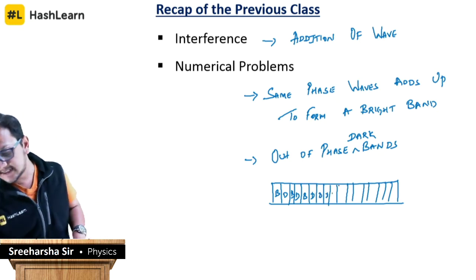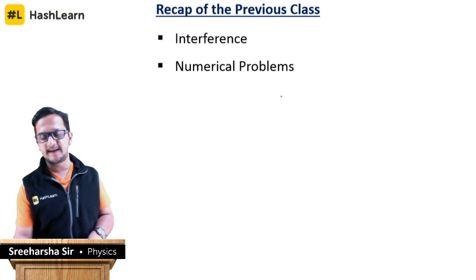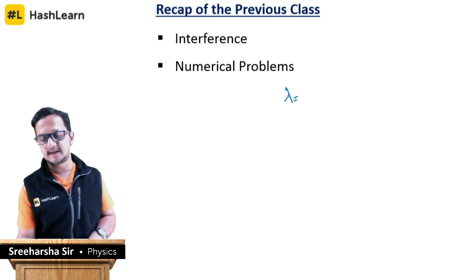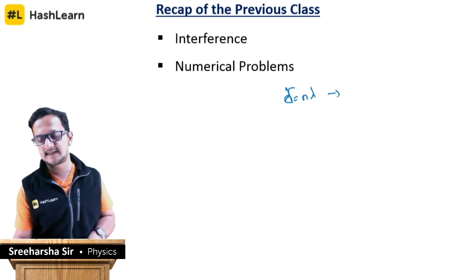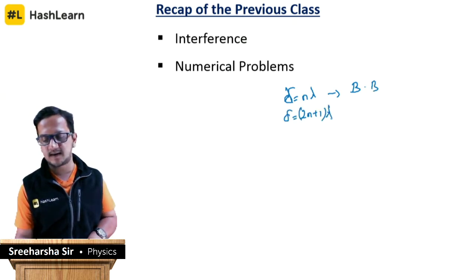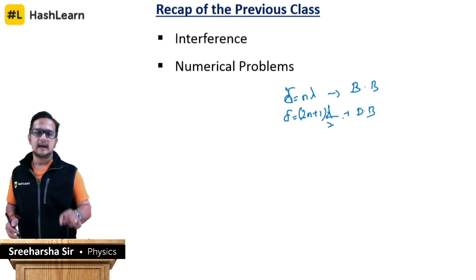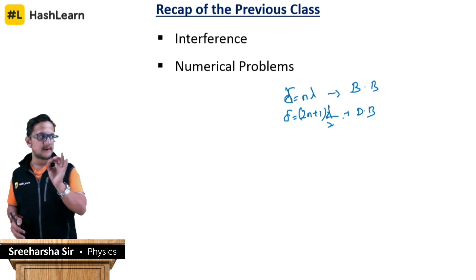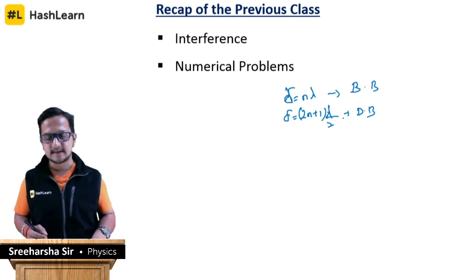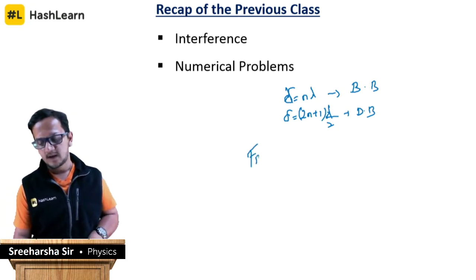The necessary condition is that whenever the path difference delta equals n lambda, this gives rise to a bright band, and whenever delta equals (2n plus 1) times lambda by 2, it gives rise to a dark band. And the distance between alternate bright and dark bands is called the fringe width, which we studied using Young's double slit experiment.